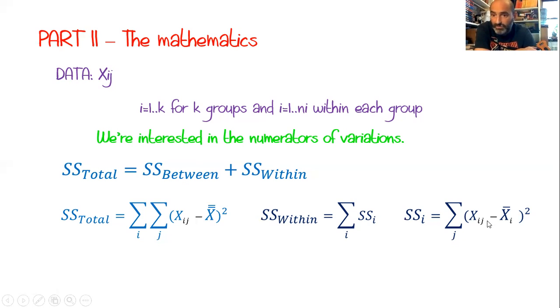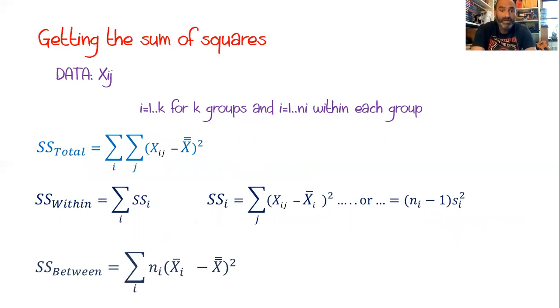You find the squared deviations and sum them up. It becomes the variance numerator of the first machine. Do it for the second machine, you find SS2. Do it for the third machine, you find SS3. And if you sum up SS1, SS2, and SS3, you're going to get the sum of squares within. All right? That's it.